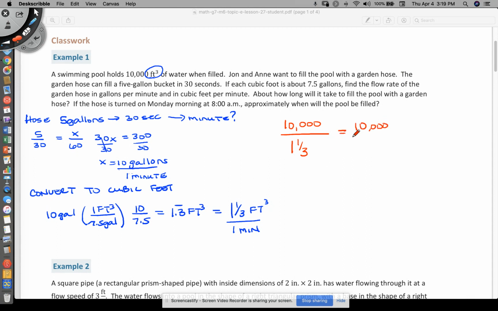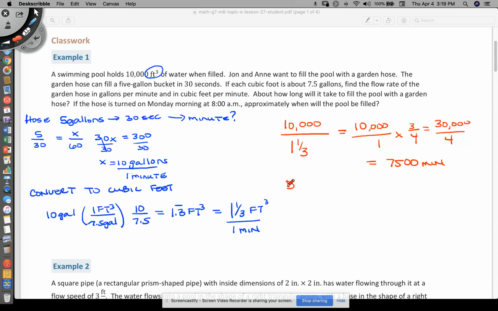I'm going to get rid of that fraction at the bottom. I'm just going to say 4/3. All right, so if I multiply that straight across, I get 30,000 divided by 4, which will give me 7,500 minutes. Okay, so I will need 7,500 minutes in order to fill this pool.